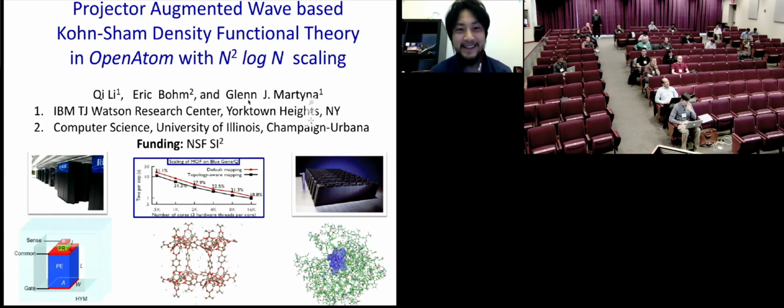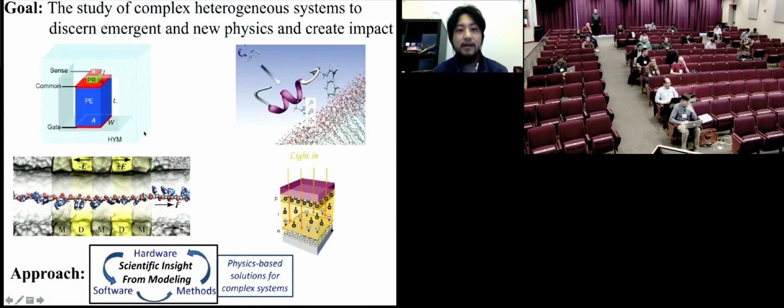Okay, so my talk today is on the ground state calculation of OpenAtom. What we're really interested in here is calculating the electronic structure of large-scale and complex systems on a large-scale parallel architecture.